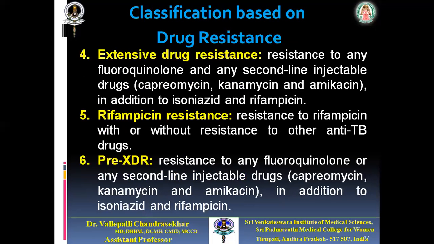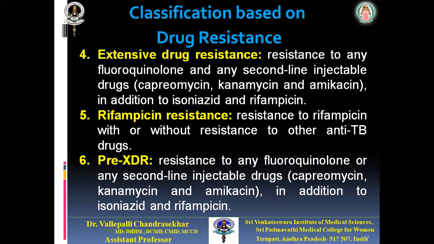Here there is resistance to any fluoroquinolone which we use for tuberculosis and any second line injectable drugs like capreomycin, kanamycin and amikacin, in addition to isoniazid and rifampicin. So multi-drug resistance plus resistance to a fluoroquinolone and any second line injectable drug gives extensive drug resistance TB, XDR TB.